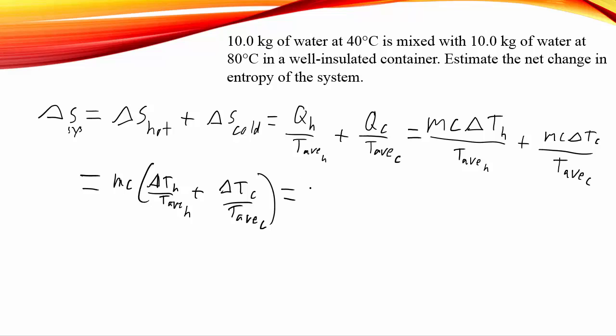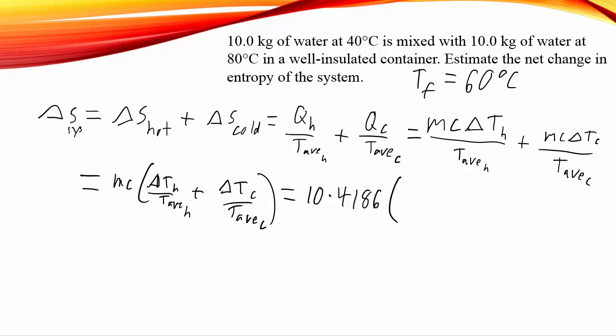M is 10 kilograms for both of them. Made it nice by having the same amounts. C is the same C we used previously, where we want joules per kilogram, so 4,186. Delta T for the hot. Well, if I have equal amounts of water, one at 40 and one at 80, the final temperature is going to be 60 degrees.